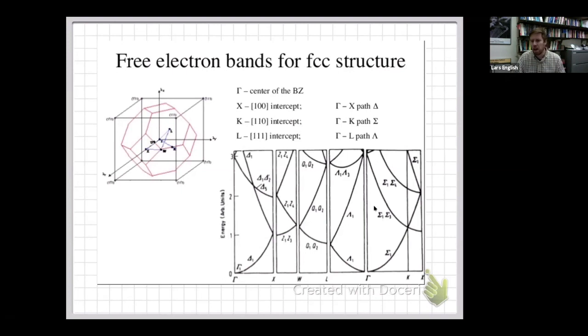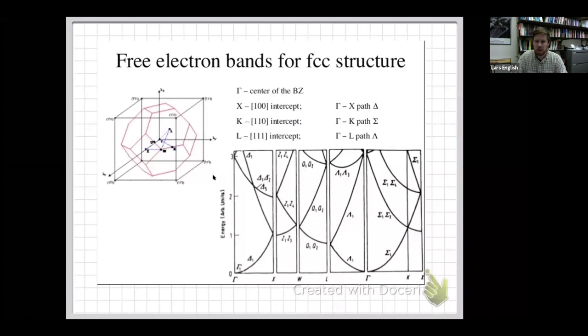And we get something like this. I don't want to dwell on the details here, but I do want to communicate that there's no fundamental difference between 3 dimensions and what we just did in 2 dimensions. So take a look here. This is the free electron model, okay?